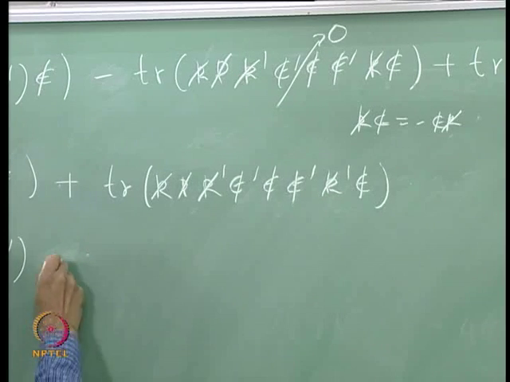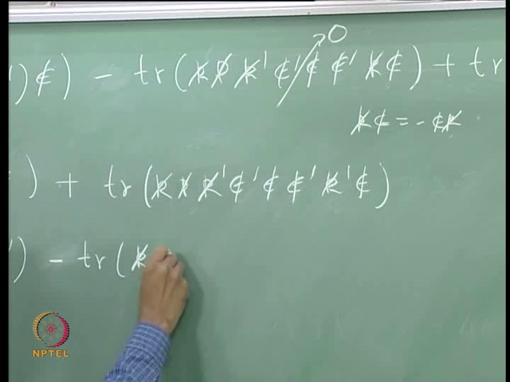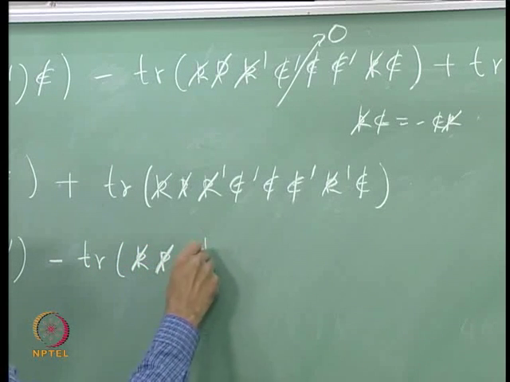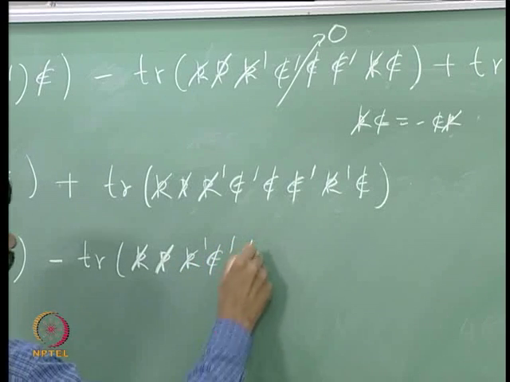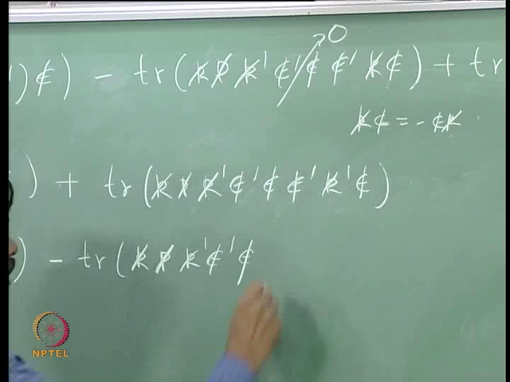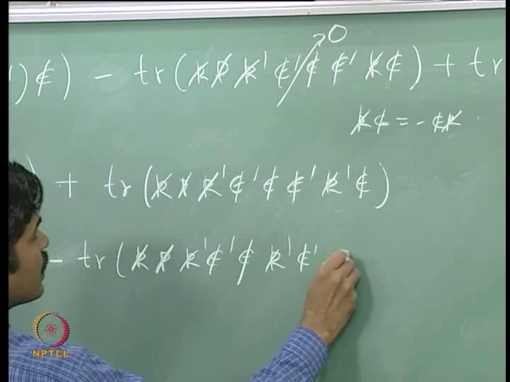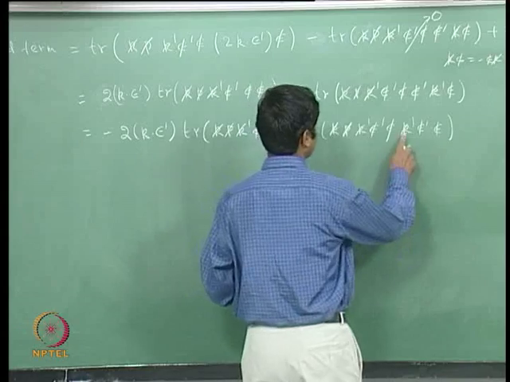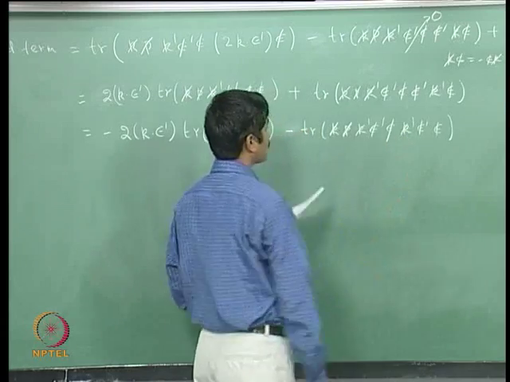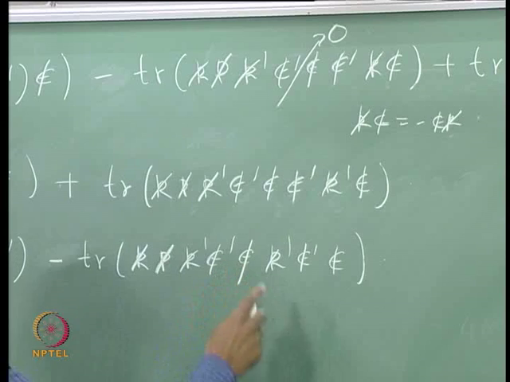So, minus trace of k slash p slash k prime slash epsilon prime slash epsilon slash, and then this is k prime slash epsilon prime slash epsilon slash. This is 1. Then what I will do is that I will again take this k prime to this side, that will give me two terms.